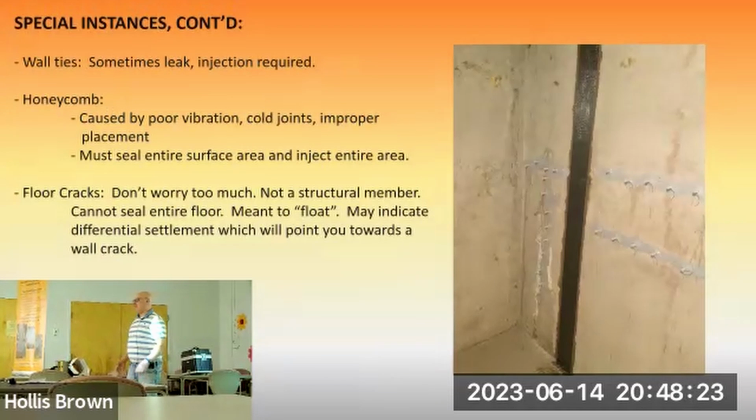So I very rarely inject. I've had people beg me, like, inject this floor for me, and it's not going to work. You're wasting your money. I've done a couple of them, but it's just not a good idea.